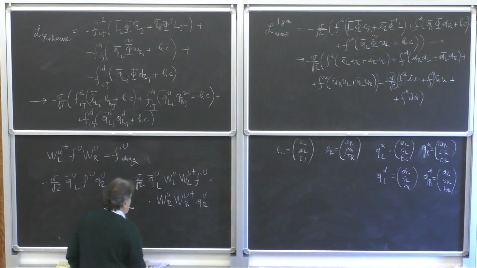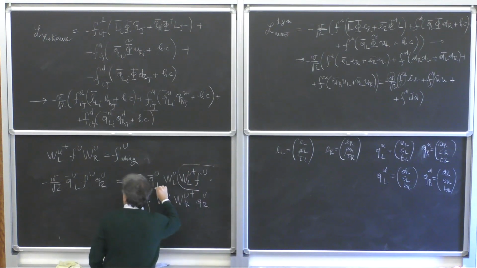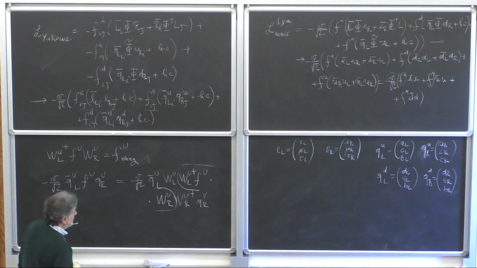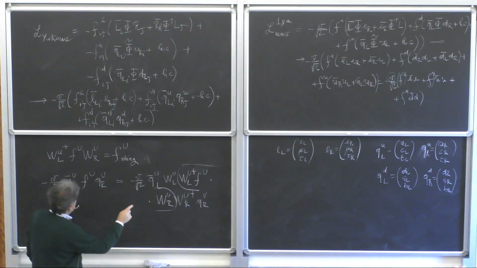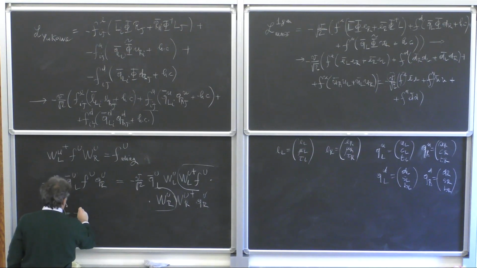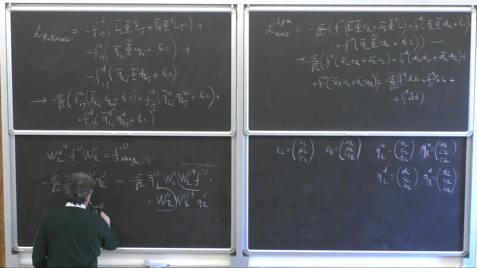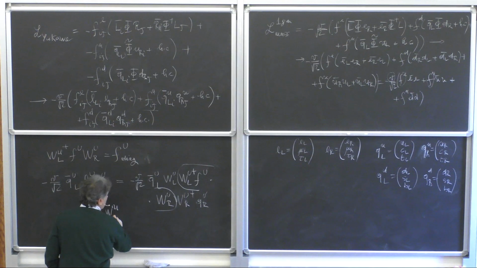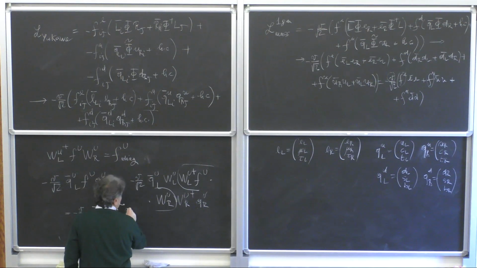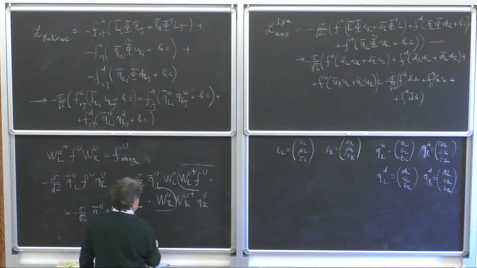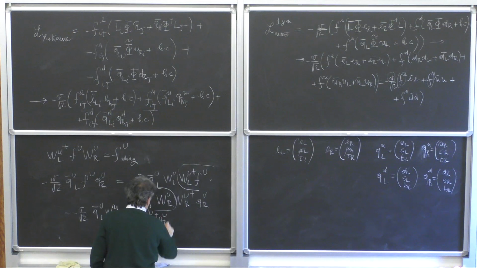Now, you see that this is exactly the diagonal matrix. So you have minus v divided by square root of 2, q_u^L W_u^L, then the F_u diagonal, and the W_u right dagger q_R up.